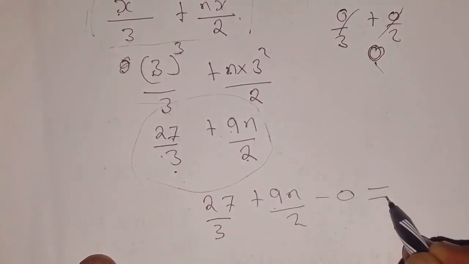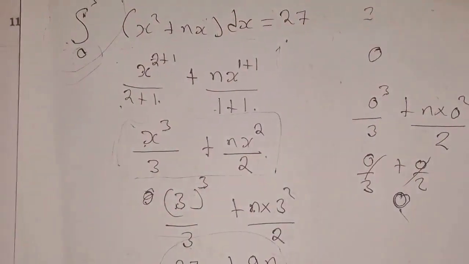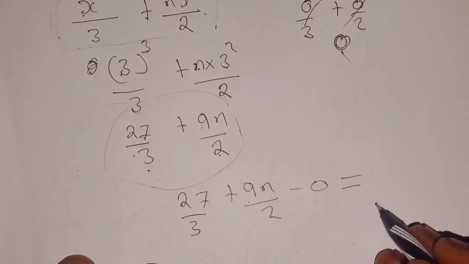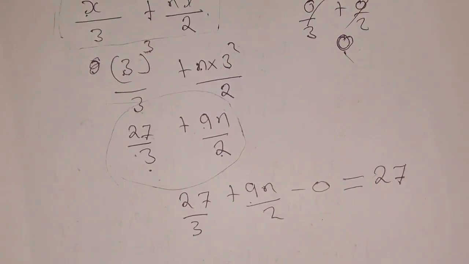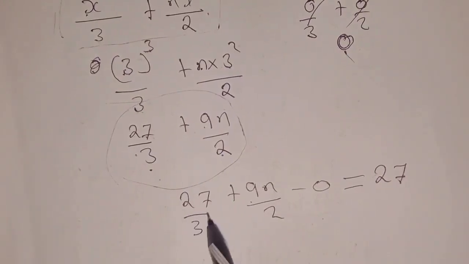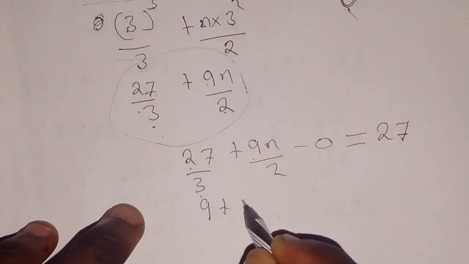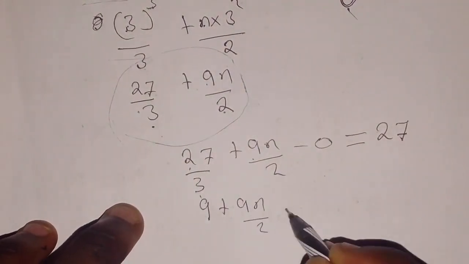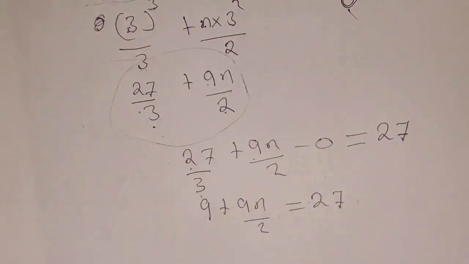We have been told that it's equal to 27. 3 can go into 27 9 times. So here you can write 9 plus 9n over 2 is equal to 27.